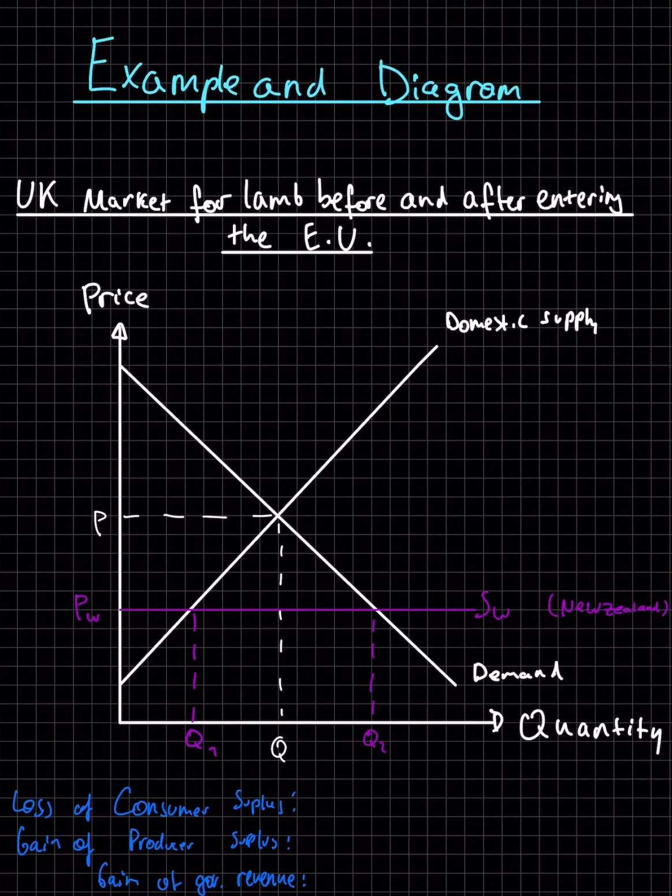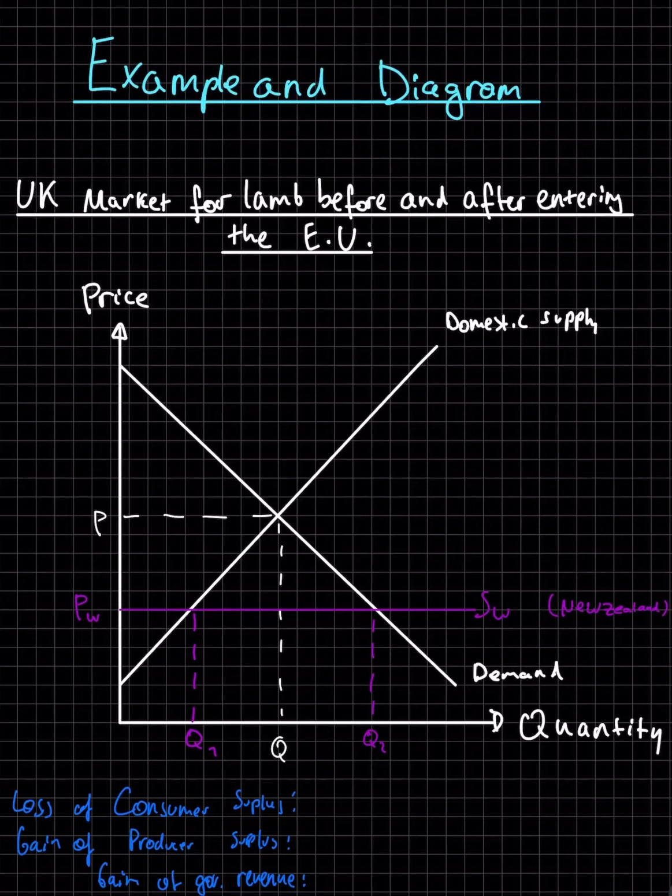Once again, we're going to go in with another real world example. This is the UK market for lamb before and after entering the EU. We see a very similar situation as with butter before. It's a regular international economic supply and demand curve, and they're importing most of their lamb from New Zealand, and New Zealand is not part of the EU.